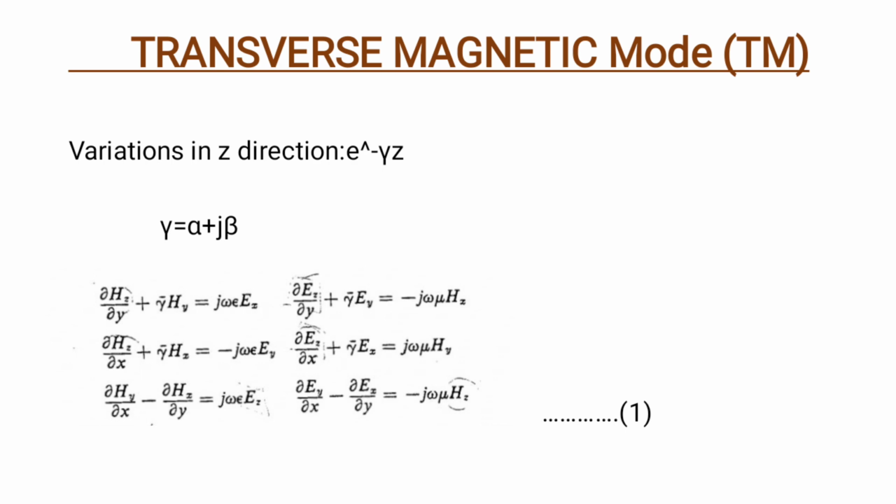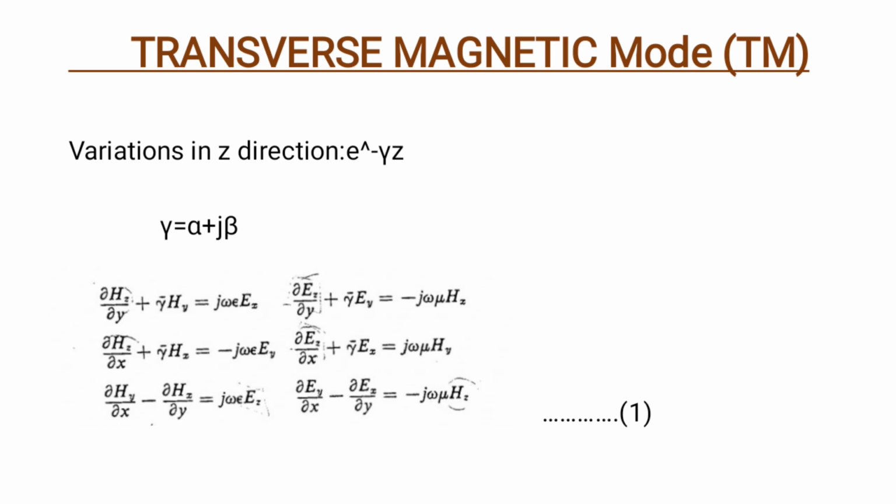Maxwell's equations become: ∂Hz/∂y plus gamma Hy is equal to j omega epsilon0 Ex. ∂Ez/∂y plus gamma Ey is equal to minus j omega mu Hx. ∂Hz/∂x plus gamma Hx is equal to minus j omega epsilon0 Ey. ∂Ez/∂x plus gamma Ex is equal to j omega mu Hy. ∂Hy/∂x minus ∂Hx/∂y is equal to j omega epsilon0 Ez. ∂Ey/∂x minus ∂Ex/∂y is equal to minus j omega mu Hz.